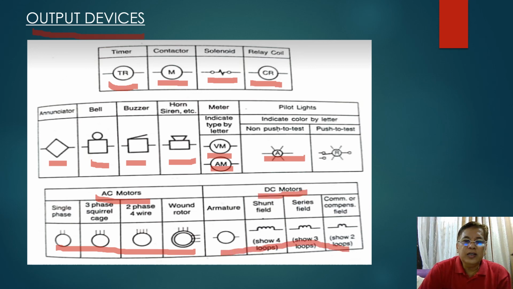If you see these symbols, that means that it is an AC or a DC motor. But basically, in problems to be solved using PLC, the motors are basically represented by the letter M only.